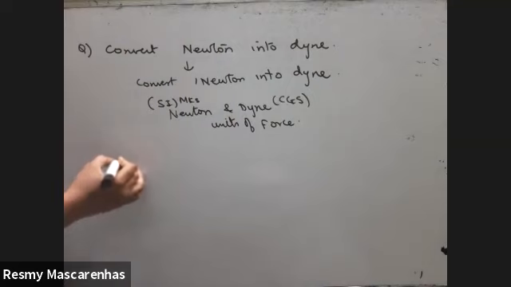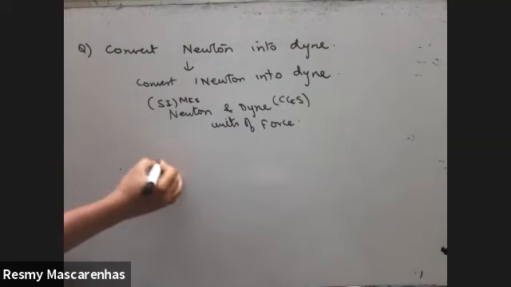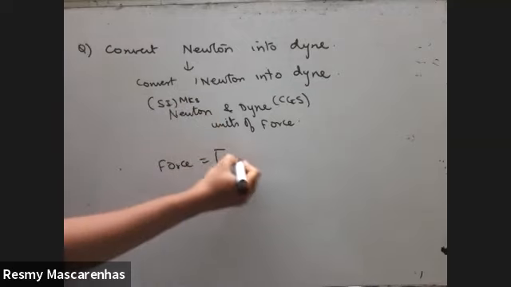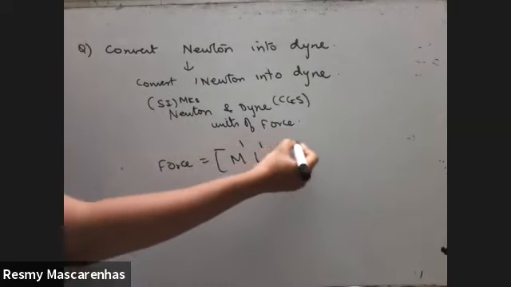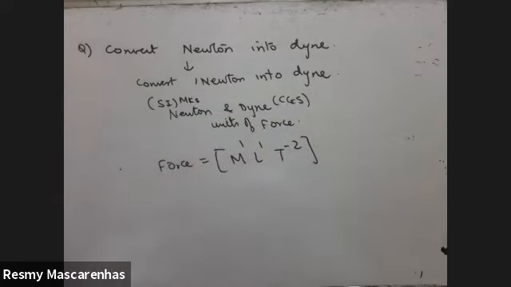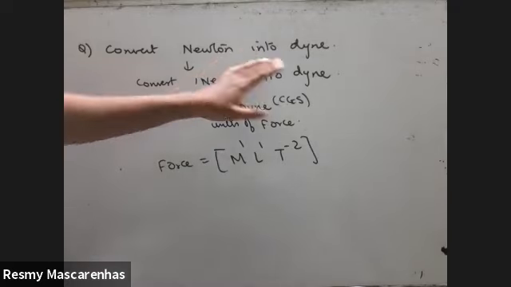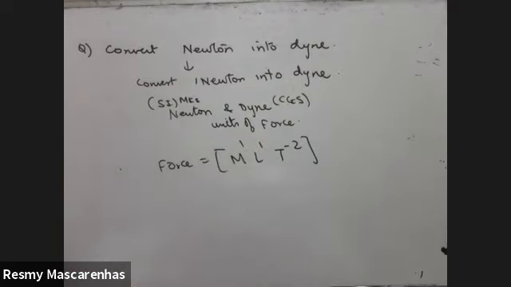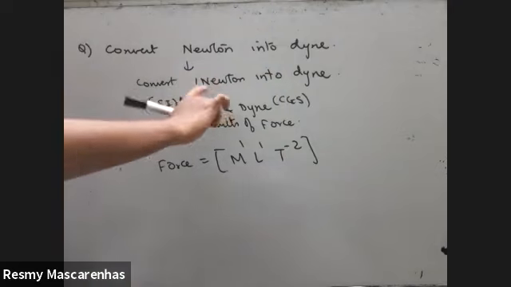What is the dimensional formula for force? M L T, with powers 1, 1 and minus 2. This is fixed in the table which you have already done. That will not change. Whether you write for Newton or for dyne, these powers will never change. We'll take two different letters so that we don't get mixed up.